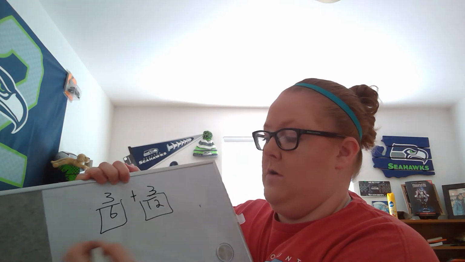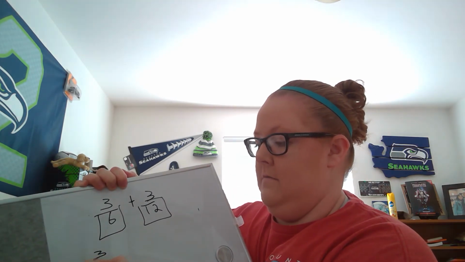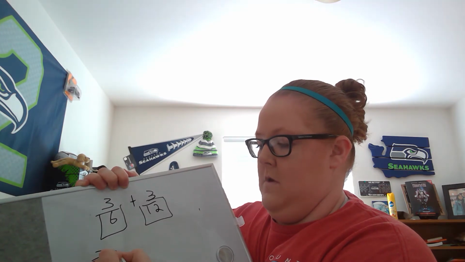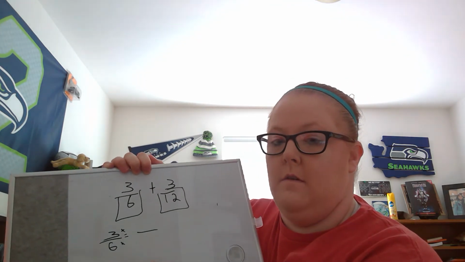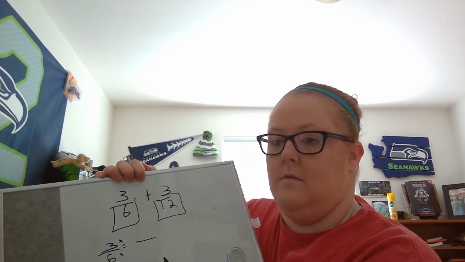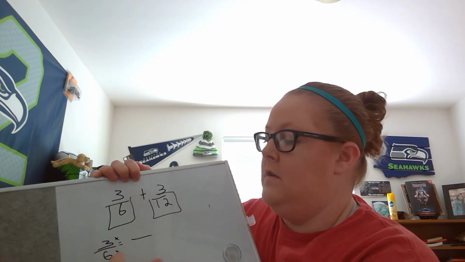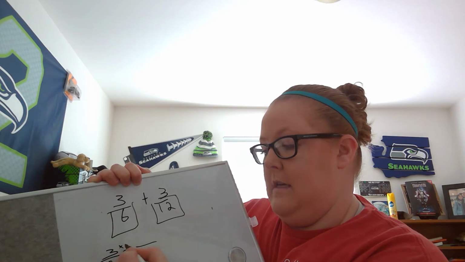So let's do 12. Very good. So what am I timesing the 6 by to get 12? 6 times 1 is 6. What's 6 times 2, someone? 12, very good. So I'm going to times by 2.